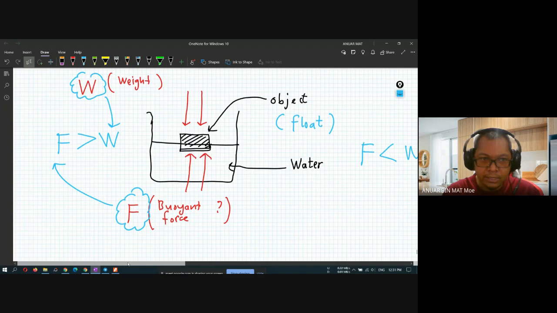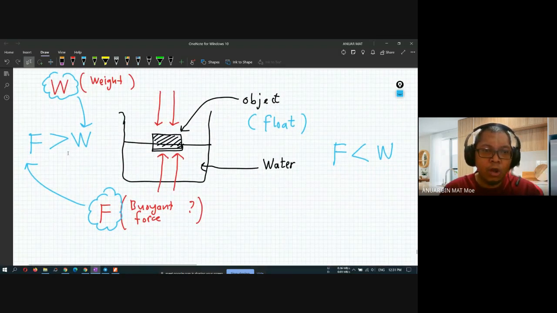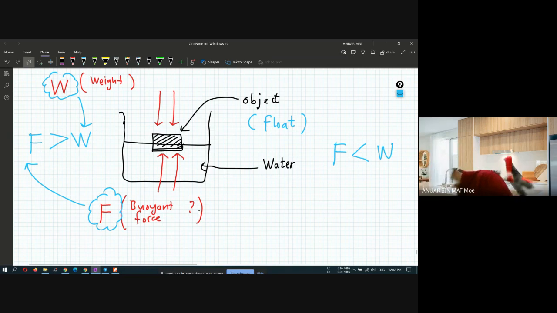Can you understand this? If the buoyant force is more than the weight, the object will float. If the buoyant force is less than the weight, the object will sink. You just refer back to the textbook, page 179 to 180.